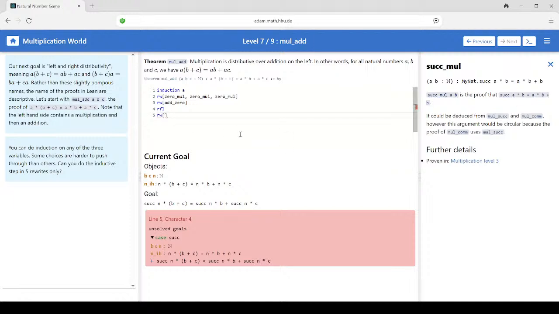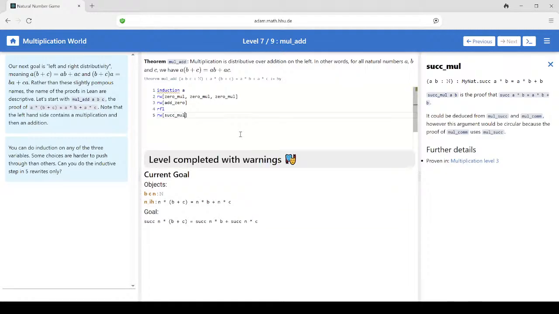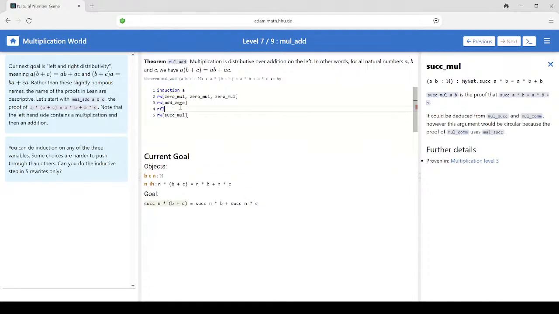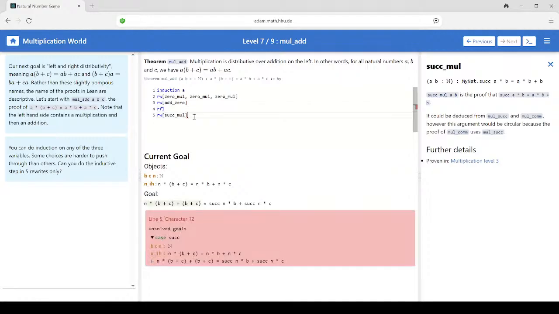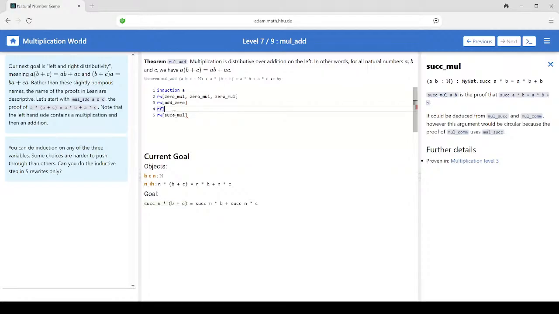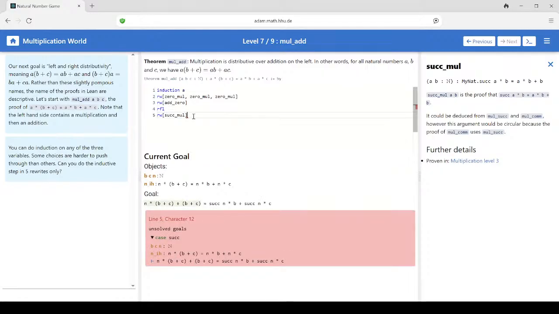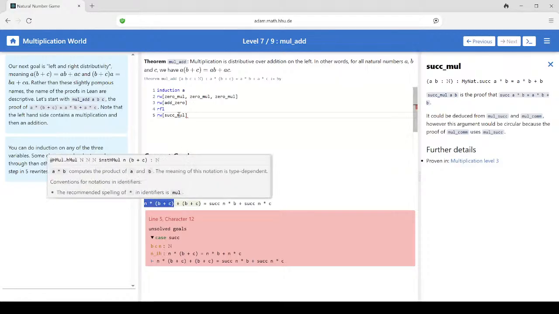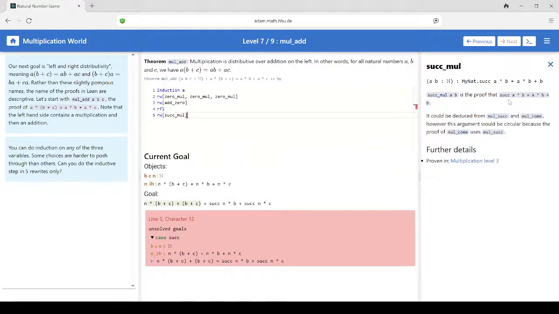Will this do anything? Yes. Oh, okay. That did something. Oh, and now we have this way. Now, what does this do again? This takes the successor of something. The successor of A times B becomes A times B plus B. Right.